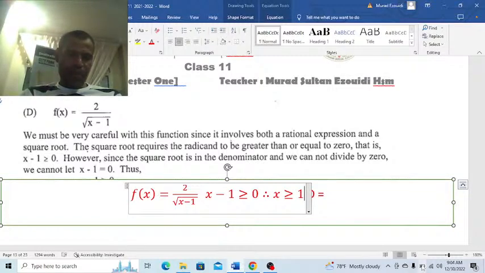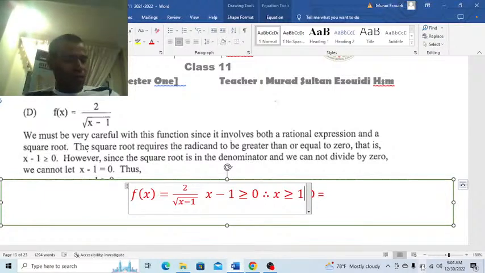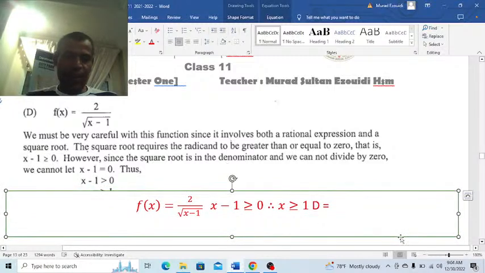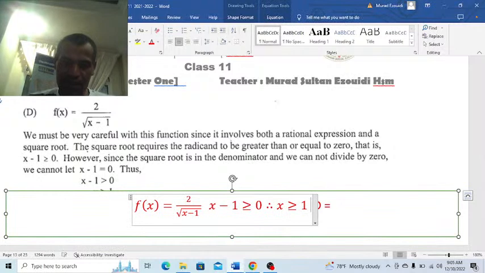Okay. Therefore, we told learners that the domain is what is. I will just write here the domain.